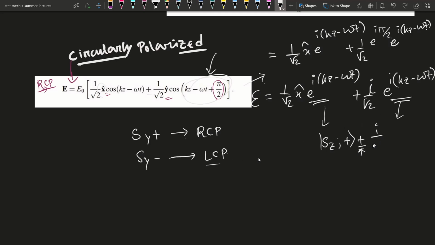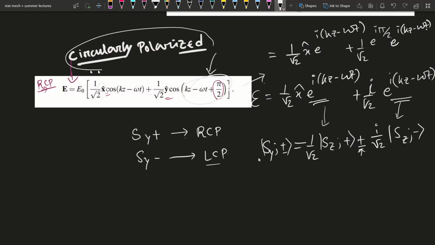Now i over root 2, and this is the analogy of the Sz negative state, and this is equal to the SY, SY plus and minus both. So you can understand from here that if you make the analogy of circularly polarized light, all the things fit properly.